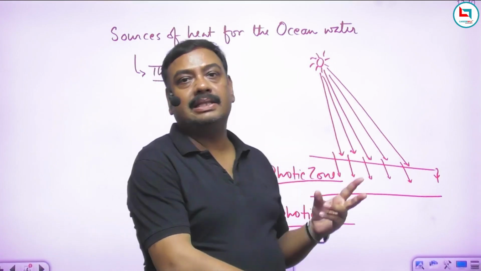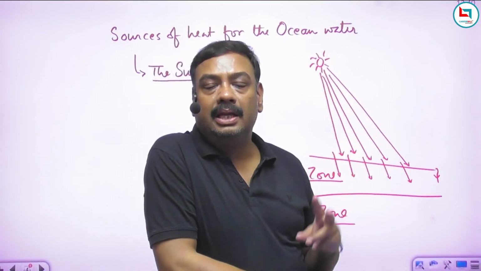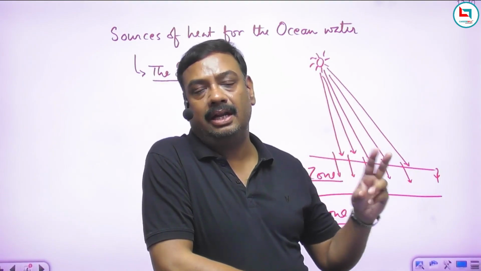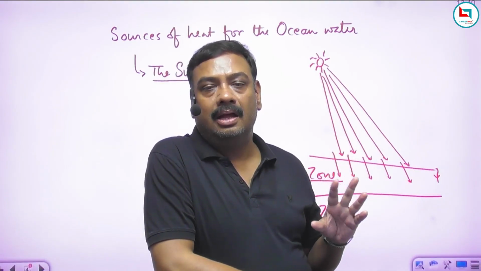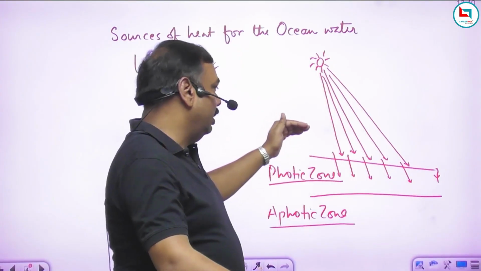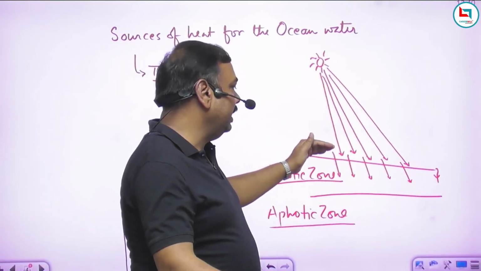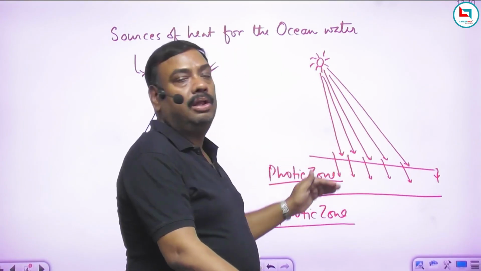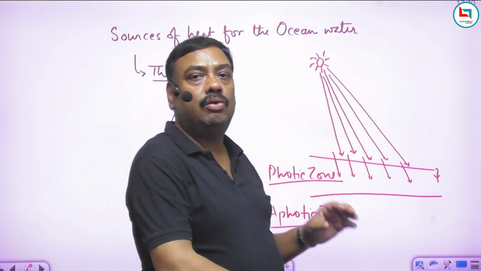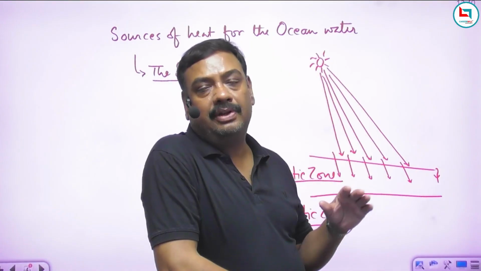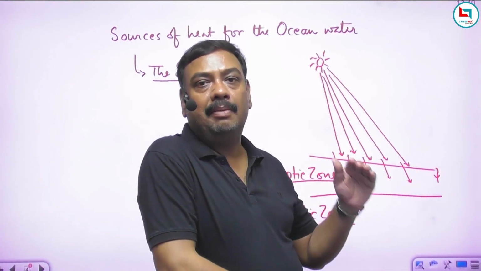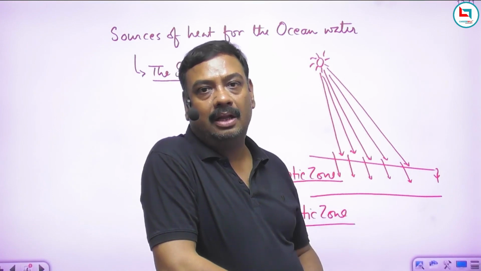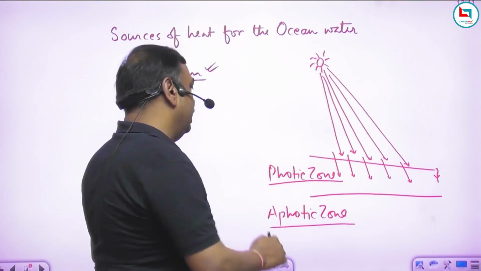In two ways I told you about the heating of the ocean water. The first way is the radiation that is received not only on the surface of the ocean water, but is also able to penetrate inside, and so below the surface it is able to heat up the ocean water up to a certain depth, and that depth is covered under the photic zone.